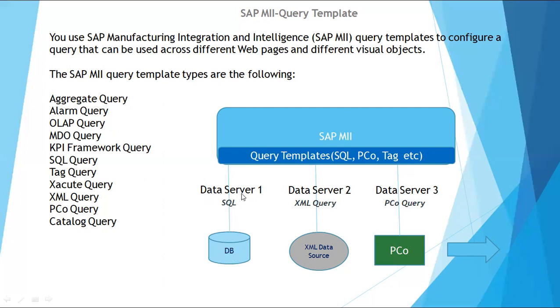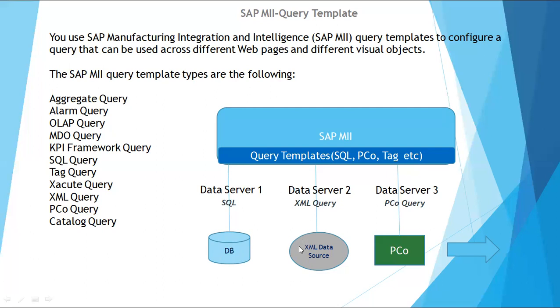Which type of query you write in SAP MII depends on your source system. You cannot write an XML or Pico query on your SQL Server or Oracle server or any database. It will not support it. It will support only those queries that your source supports.